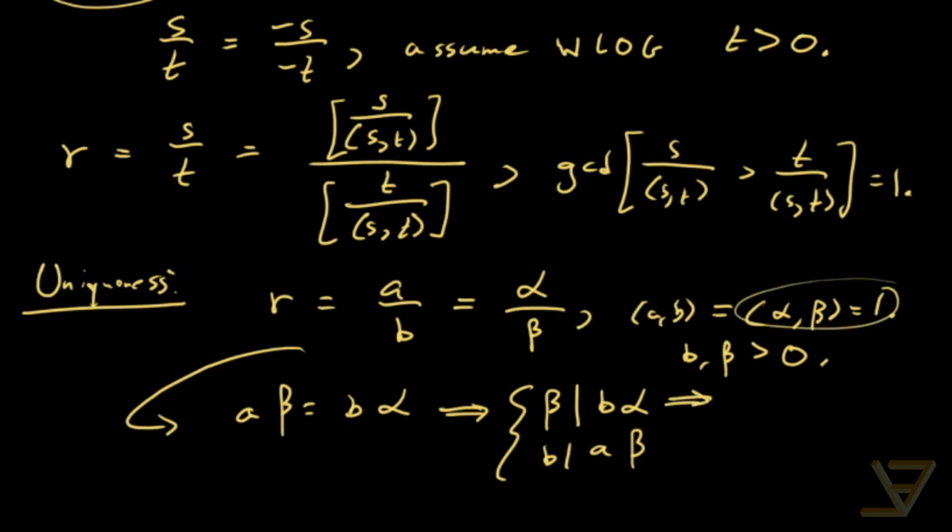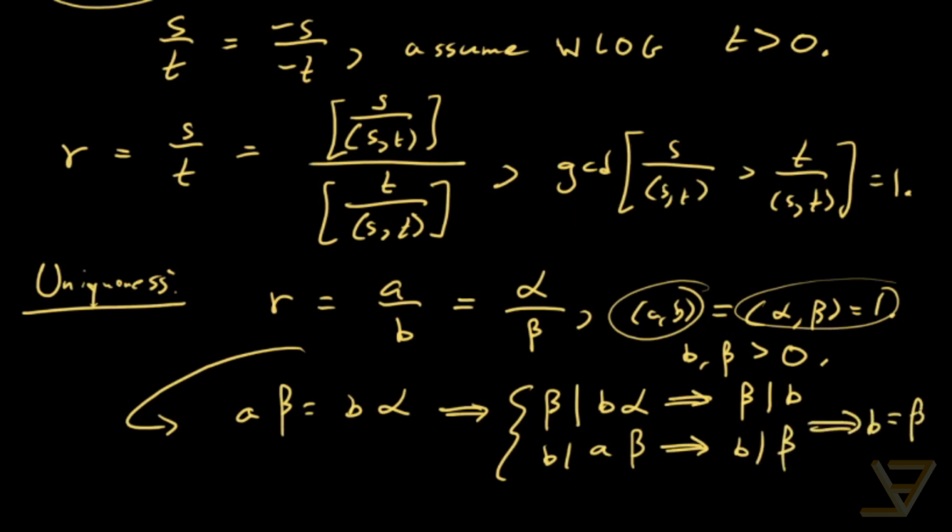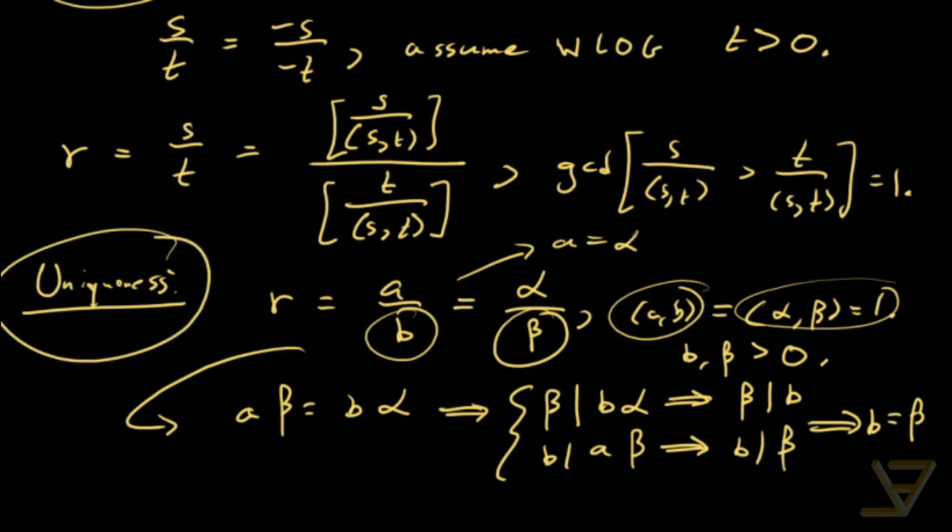So by Gauss's divisibility lemma, this implies that beta divides B, and B and A have a GCD of 1. So that means B divides beta. And together, since they're both positive, this means B equals beta. And since B equals beta, we get that A equals alpha as well. So this proves the uniqueness of the reduced form.